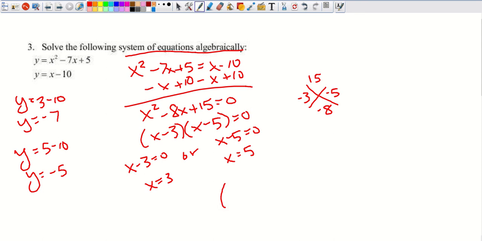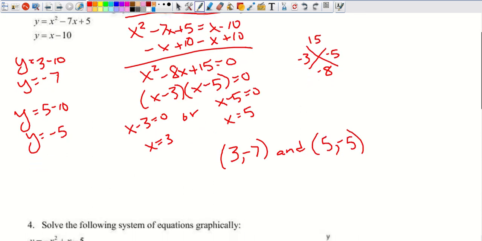So when we plugged in 3, we ended up with -7, so the point is 3, -7, and the second solution is we plugged in 5, we got -5, so it's 5, -5. There's our answer for the system. All right, so be careful when it's the roots versus the system.